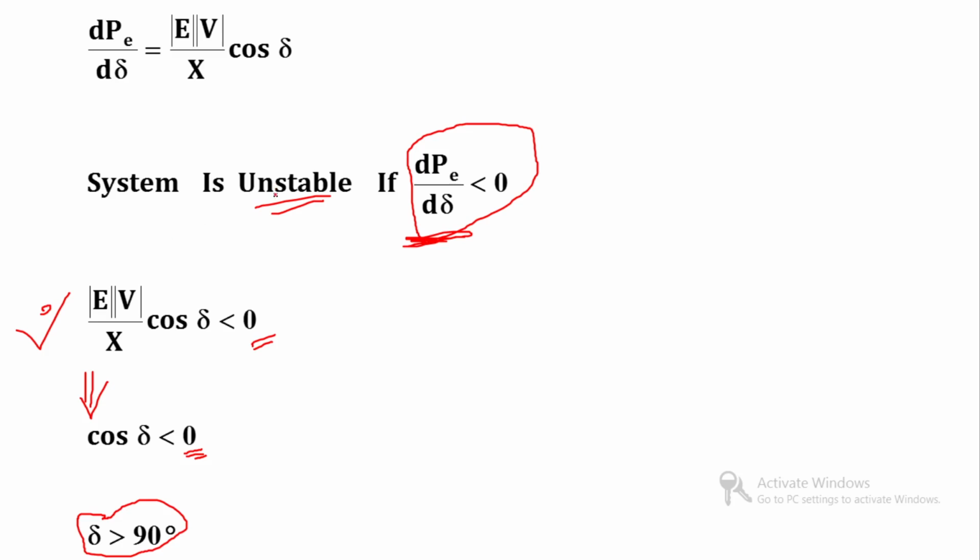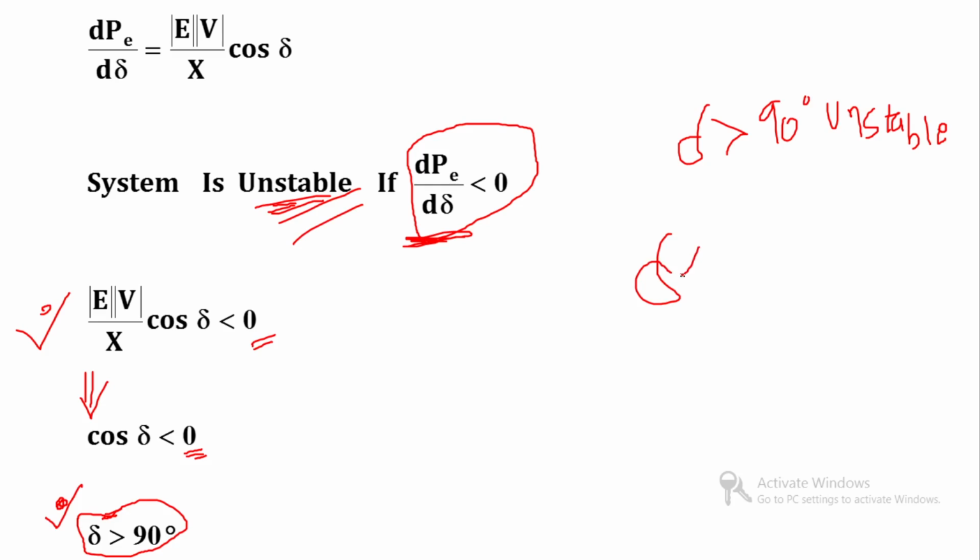So to make this system unstable, the limit looks like this. If delta is greater than 90, the system becomes unstable.